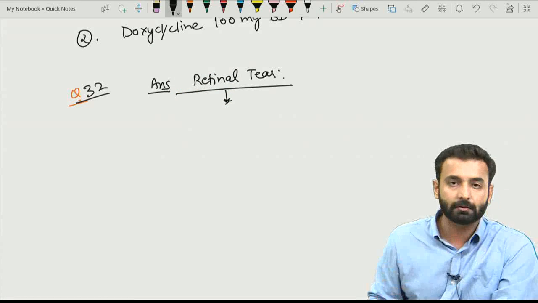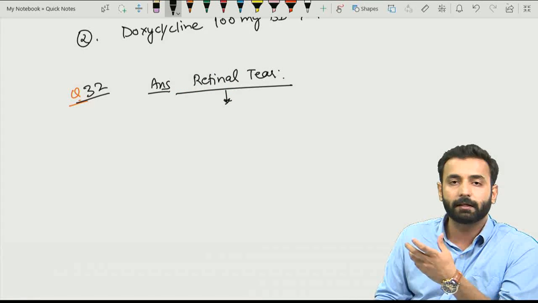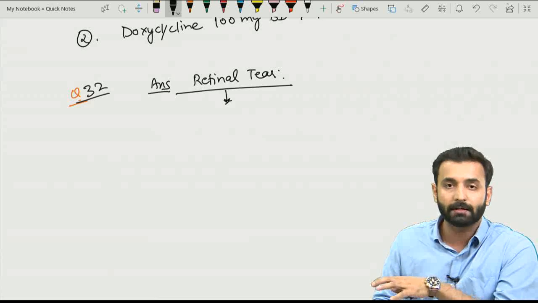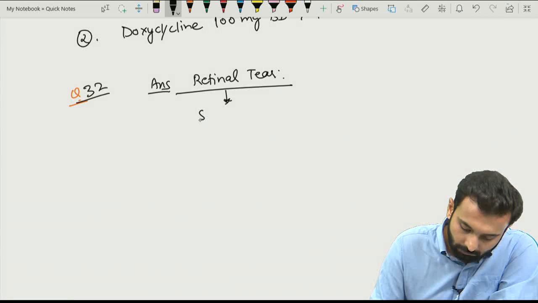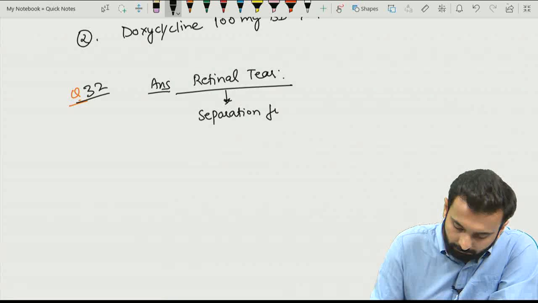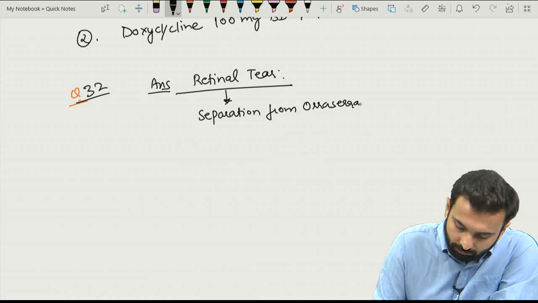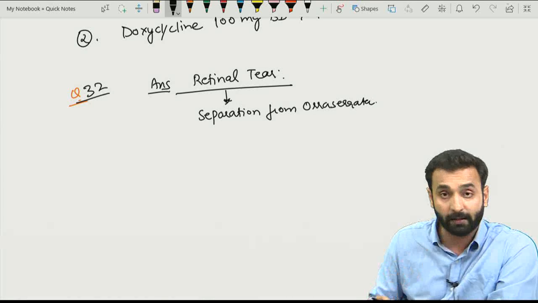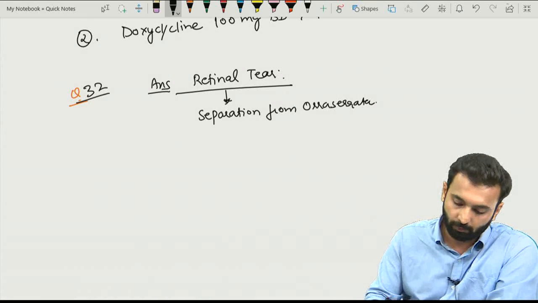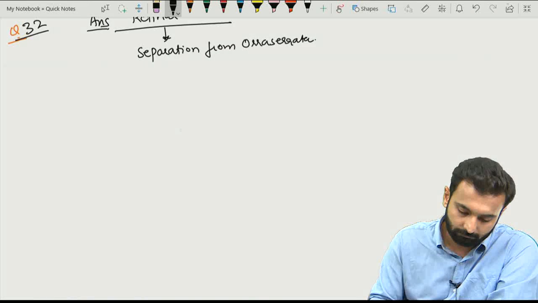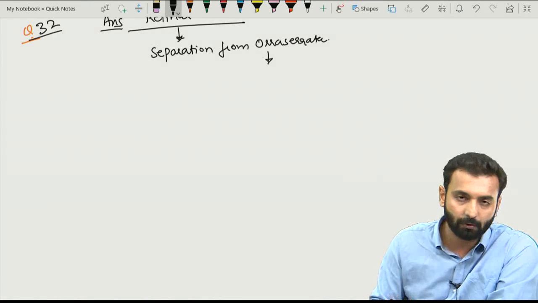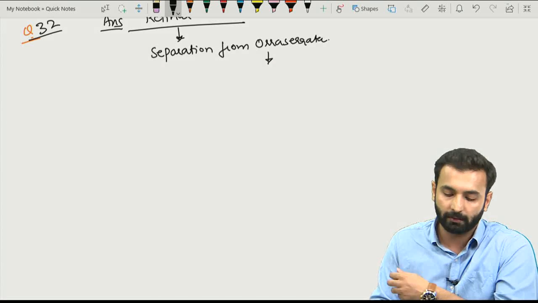Retinal tear is a separation of the retina from the ora serrata. Now what you should keep in mind about the ora serrata is that it is the anterior termination of the retina, right?